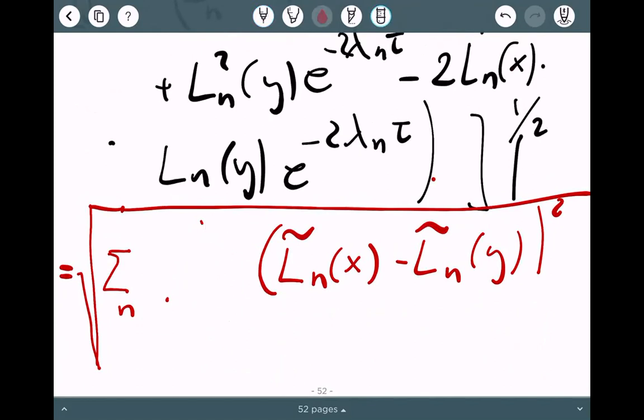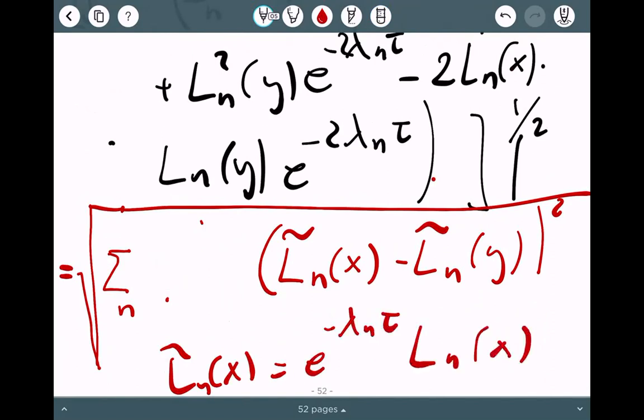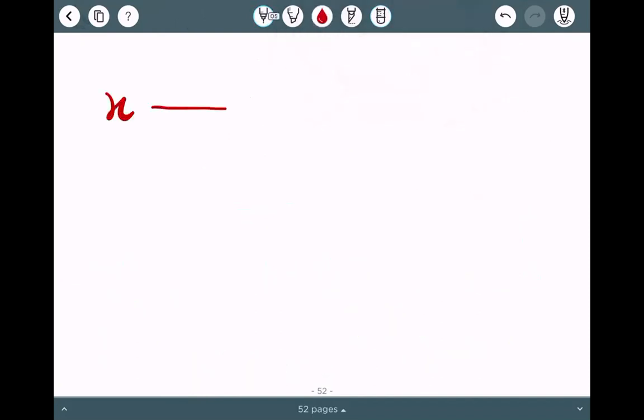So let's say L tilde n of x is e to the negative lambda n tau times L n of x. I've discovered that the diffusion distance is a Euclidean distance in this space of coordinates. I've identified a mapping, a highly nonlinear mapping that defines a local coordinate frame. Because my metric is Euclidean in the space of the Ln coordinates. So in other words, I've established a mapping that goes from x, which has 3n coordinates, right?